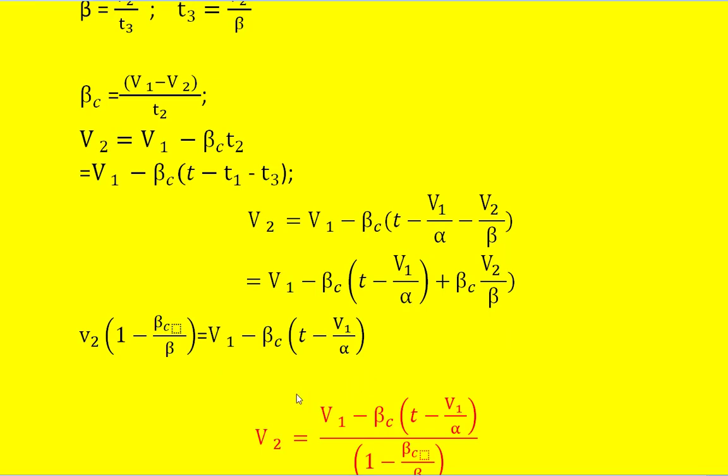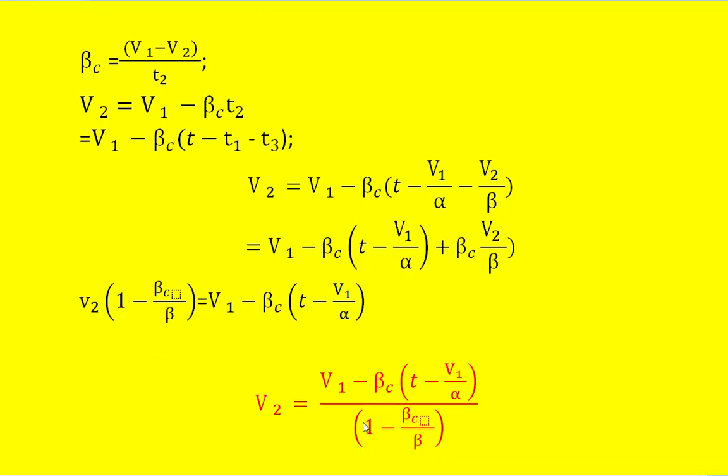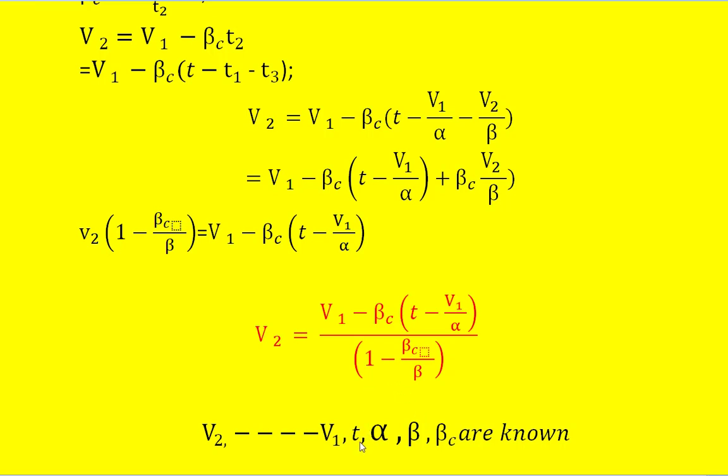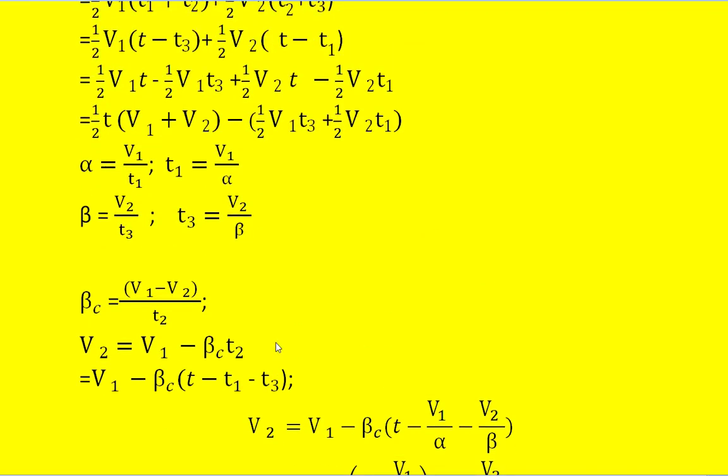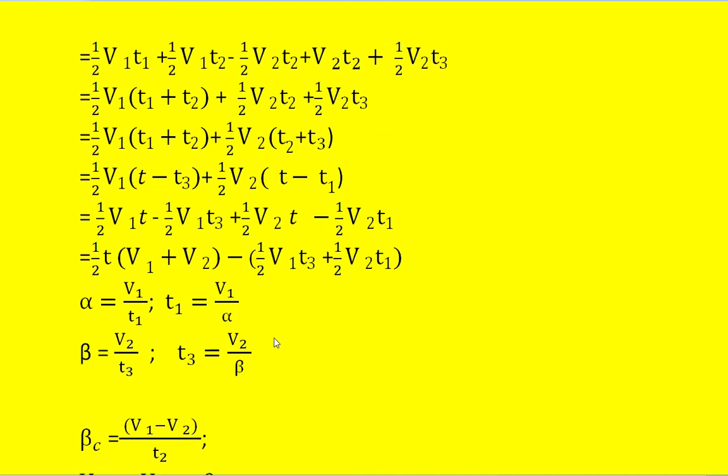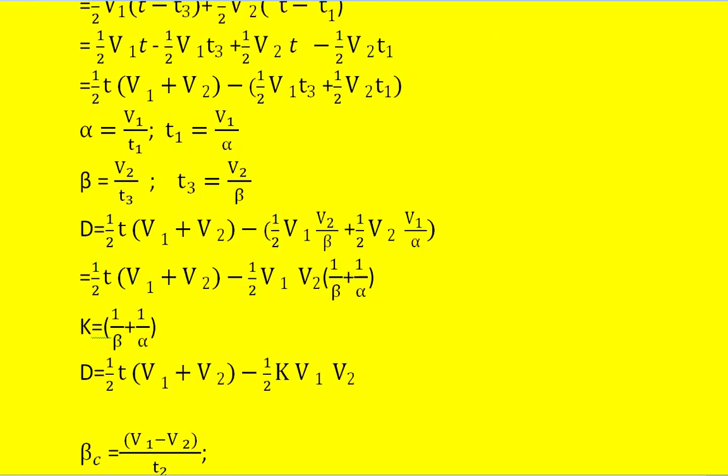So from this we can write V2 is equal to V1 minus beta c into T minus V1 by alpha, divided by 1 minus beta c divided by beta. So once we know V1, T, alpha, beta and beta c, we can calculate V2. Once we know V2 and the maximum speed V1, then we can calculate the total distance traveled.